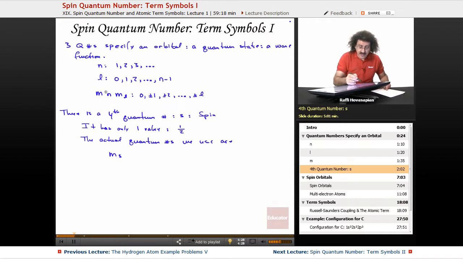Sort of like L and m sub L, we have s and we have m sub s. This is the one that has the 2 values that you've probably seen before, the plus 1/2 and the minus 1/2 for upspin and downspin, respectively. Okay, so these are the spin quantum numbers.